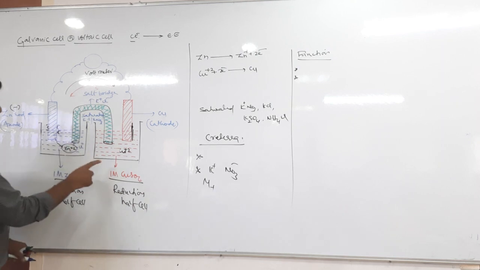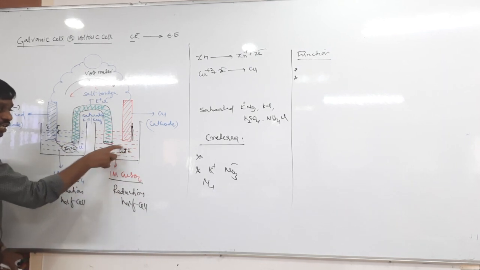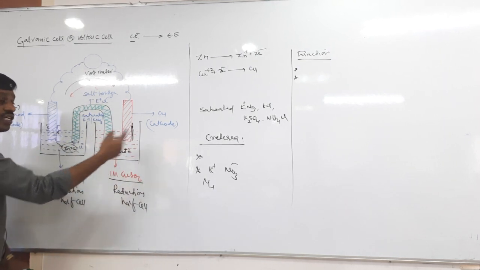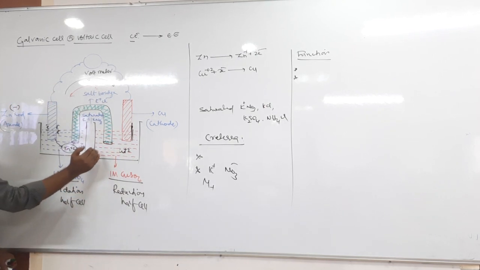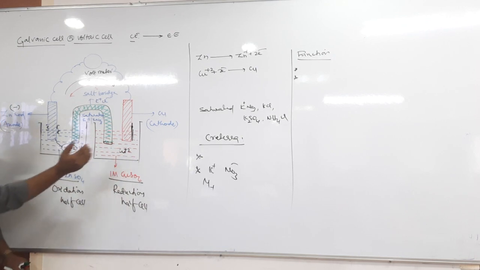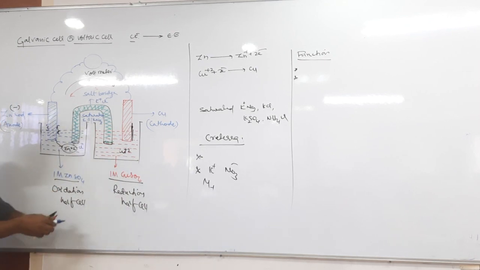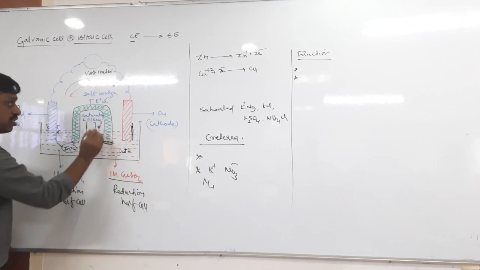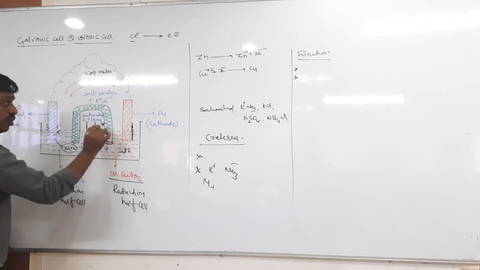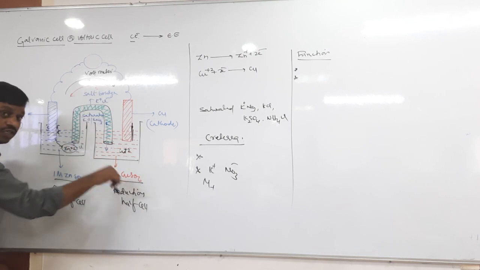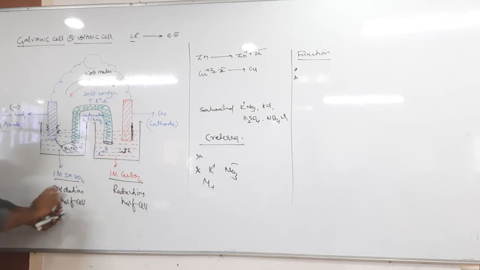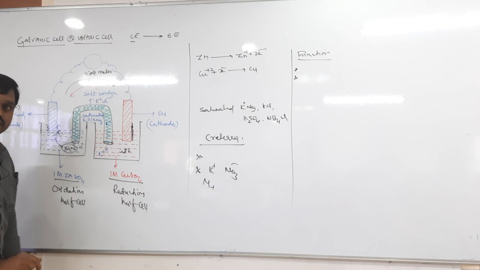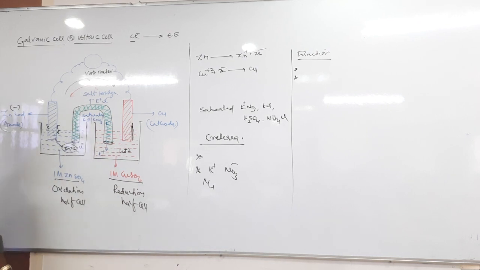Next, here, as the reaction proceeds, the concentration of Cu2+ decreases, and SO4 2- anion increases. The concentration of anion increases, therefore again it is imbalancing the charge. Therefore, when the concentration of anion increases, the cation from the salt bridge, K+, enters into the solution and balances the sulfate ion. In this way it maintains the electrical neutrality.